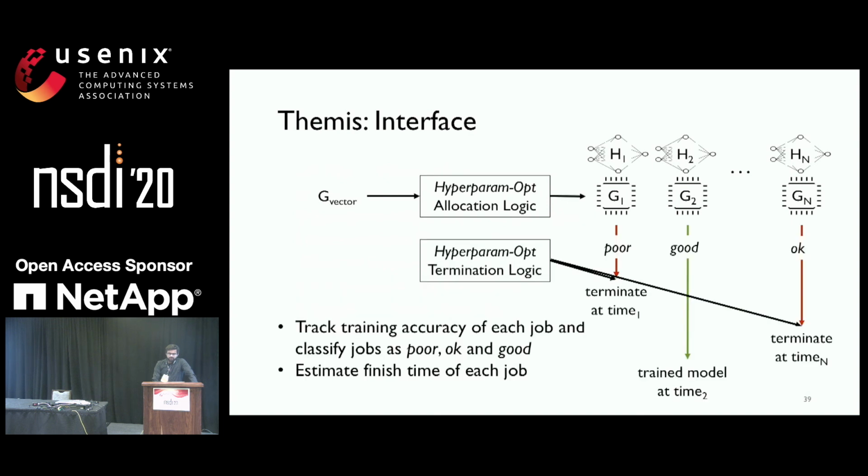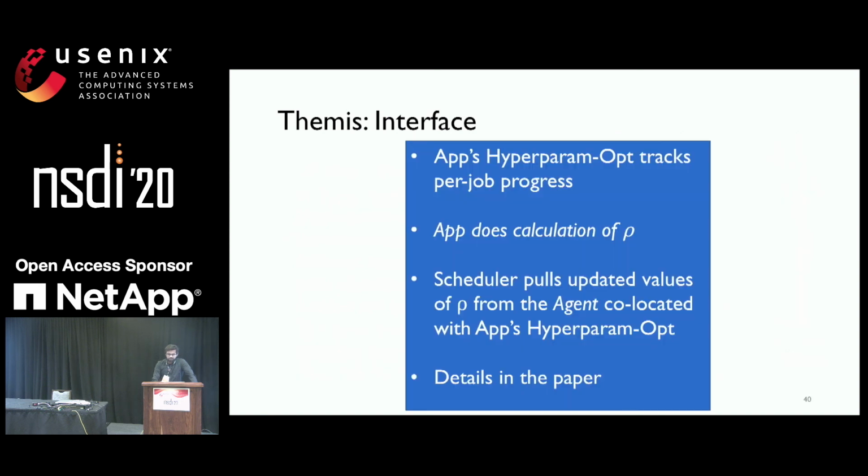And the hyperparameter optimizer's termination logic tracks the training accuracies of each job in the app, and it classifies these jobs into categories such as poor, good, and okay. Themis uses this information to estimate the finish time of each job, and hence the value of rho, which gets progressively accurate with the app's execution.